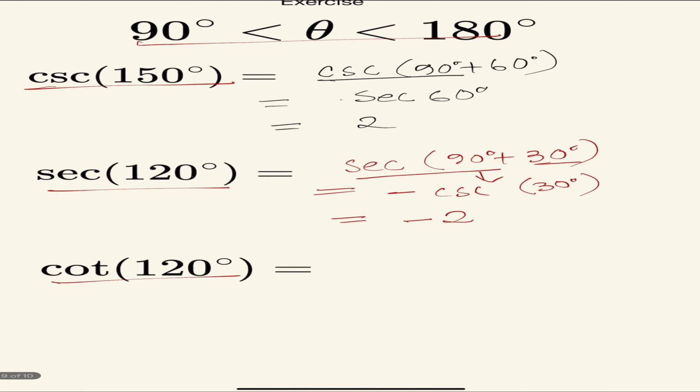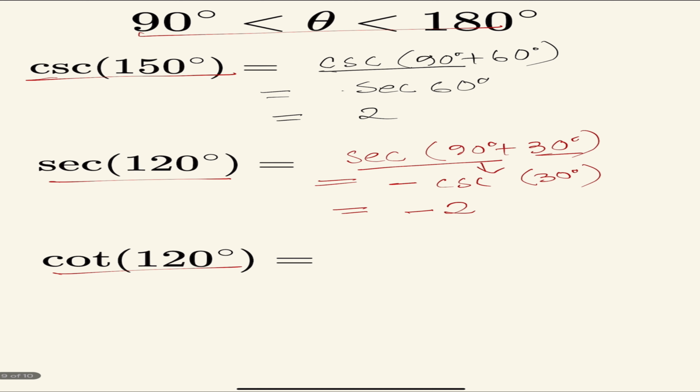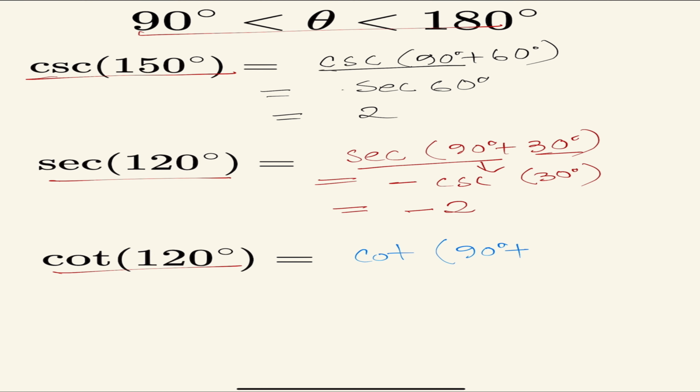Now cotangent 120, right? So let's just do this one. Cotangent 120 is 90 degrees plus 30 degrees. Since we have cotangent of 90 degrees, we have to change the function.